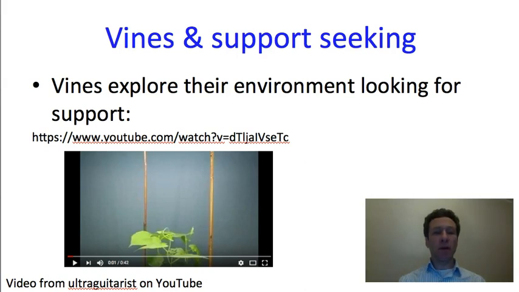Now, we've been talking about tropisms, which are directional movements towards or away from a stimulus. While we're talking about that, let's talk about how vines seek support generally. What we're going to look at is not a true tropism, because it's not angled towards a particular stimulus or away from it. It is just a vine exploring its environment.